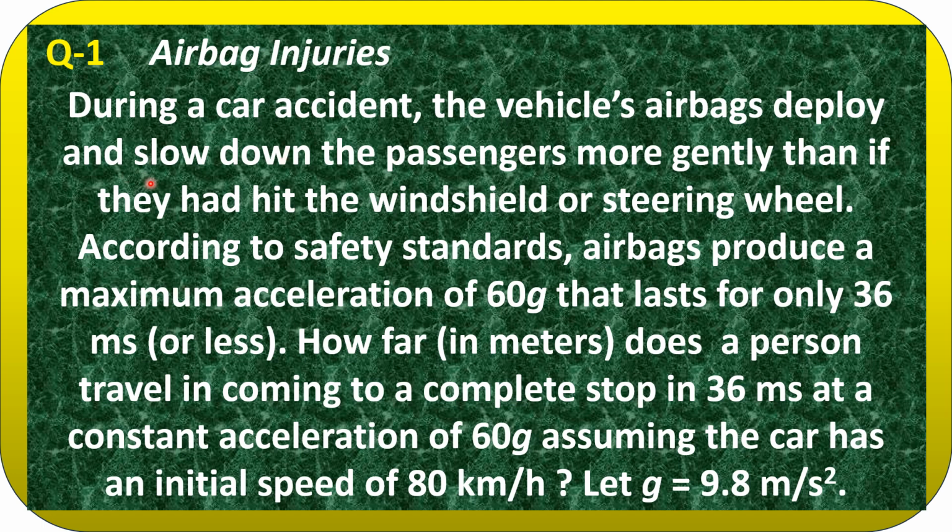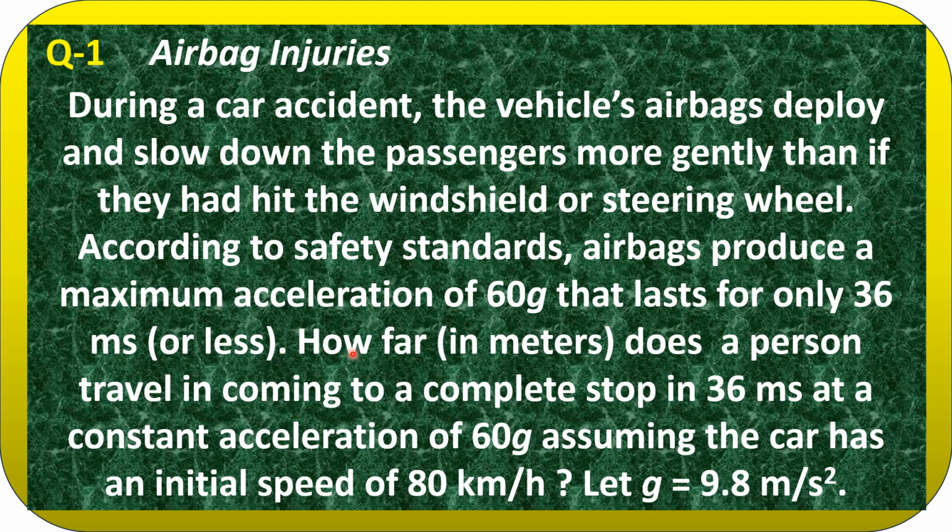Question number 1. During a car accident, the vehicle's airbags deploy to slow down the passengers more gently than if they had hit the windshield or steering wheel. According to safety standards, airbags produce a maximum acceleration of 60 g that lasts for only 36 milliseconds or less.